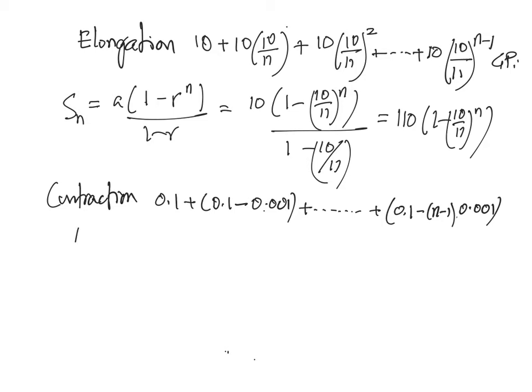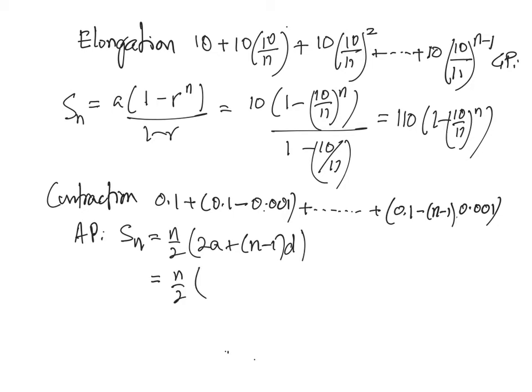Right, this is an AP, and the sum to n terms, there are n terms, 0, 1, 2, 3, 4 up to n minus 1 is n terms. n over 2, you can use 2a plus n minus 1 times d, or n over 2 into a plus l. l you already know, so either way you get the same answer. n over 2, n is unknown, which you want to find.